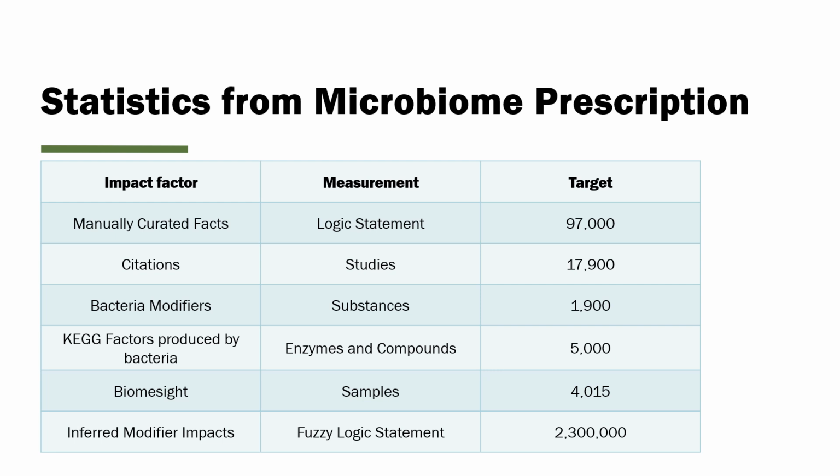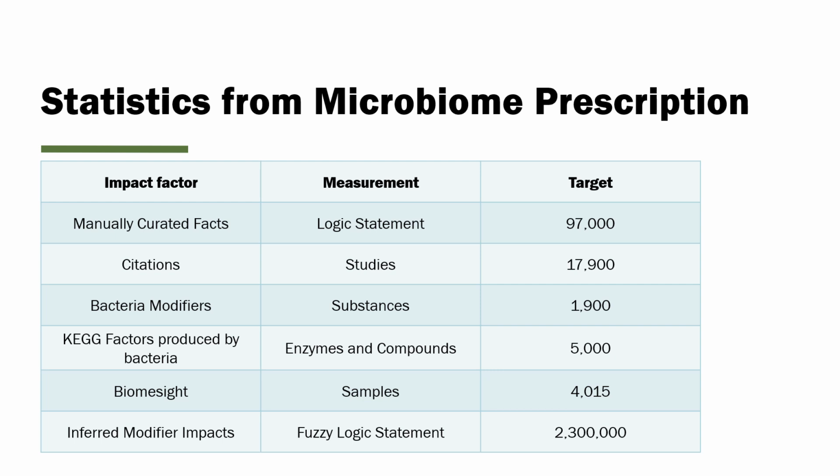And I keep coming across cases where I've aggregated a whole bunch of things into one for simplicity, but they should actually be kept separate. Factors produced by bacteria, enzyme compounds, are about 5,000 different ones in the database. There are 18,000 enzymes, but only 5,000 produced by the common human bacteria.